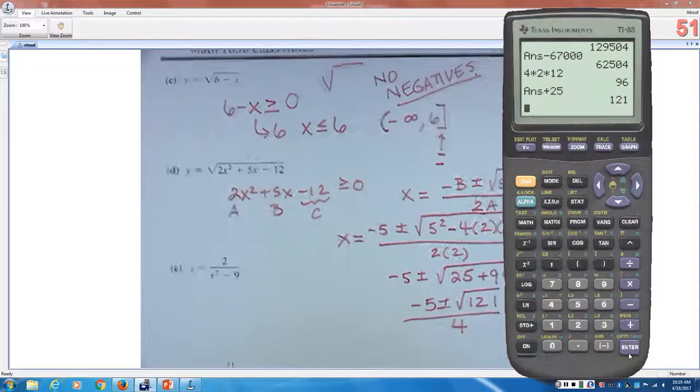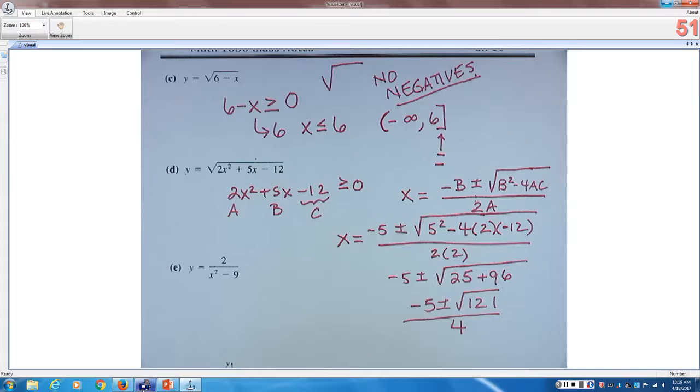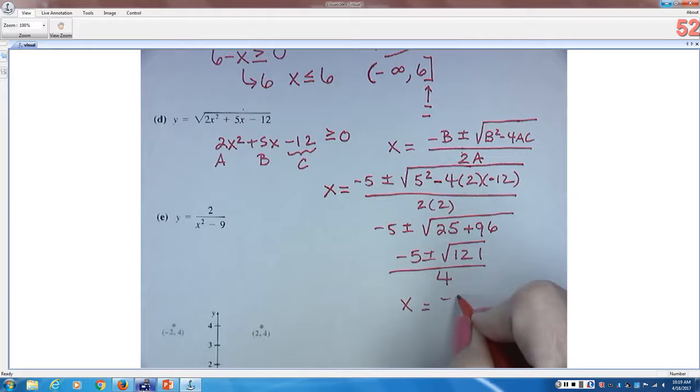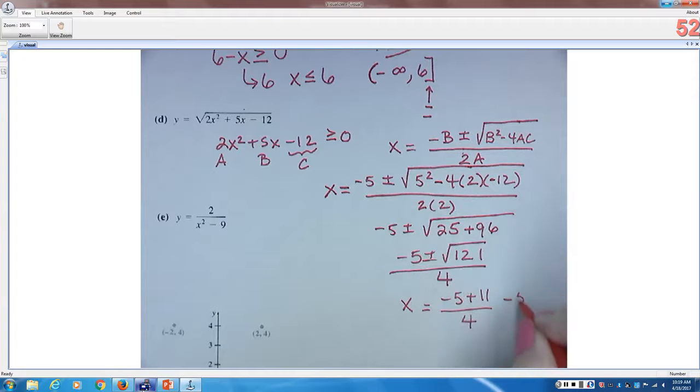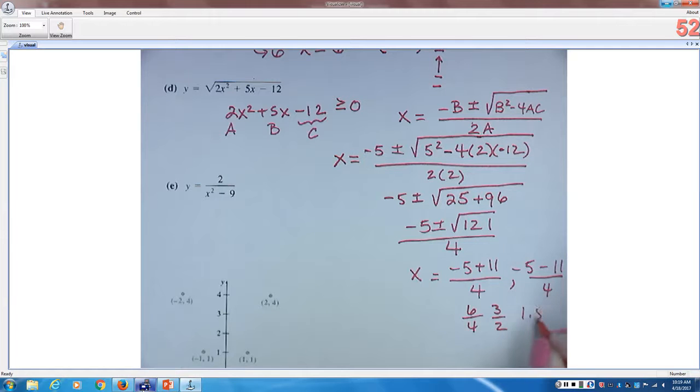And the square root of 121 is 11. So negative 5 plus 11 is 6 over 4, or 3 over 2, or 1.5, whichever one of those you want.